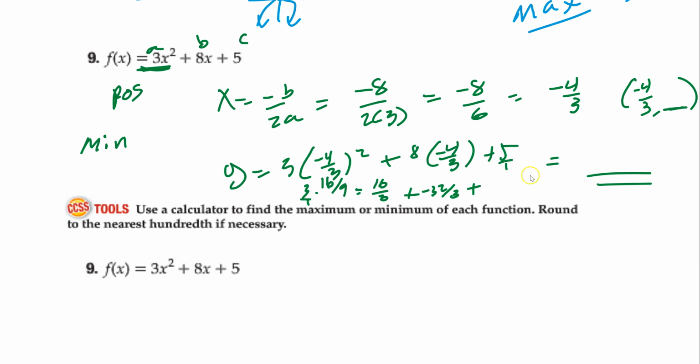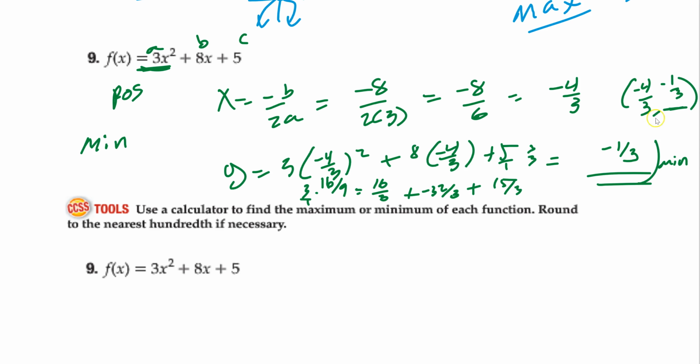For a common denominator, multiply 5 by 3 over 3, you get 15 over 3. 15 plus 16 is 31, minus 32, so you get negative 1/3. So it's doable, it's just a little ugly. But that is your max, and actually, sorry, in this case, your min value.